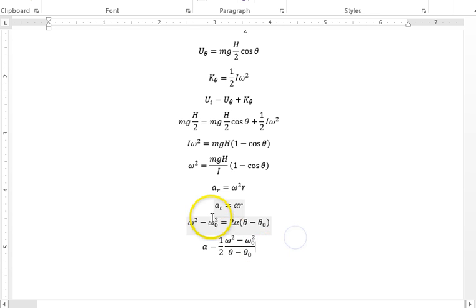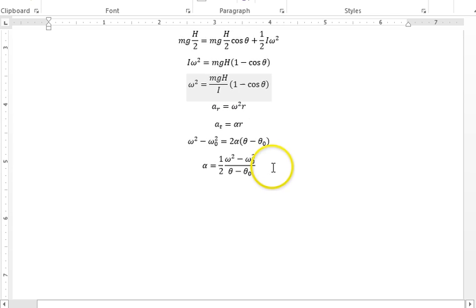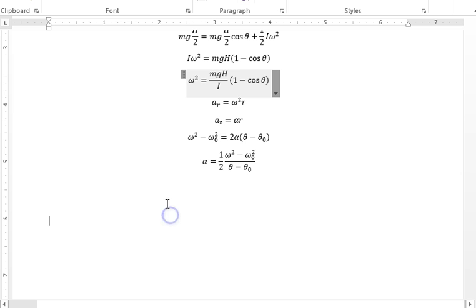So that's alpha. It depends on omega squared and theta. So the tangential acceleration depends on omega squared, and the radial acceleration depends on omega squared. Here we have omega squared equals mgh over I, times 1 minus cosine theta. We don't know m, and we don't know I yet. We know g, we know h. We know theta at the point that we're interested in. So what is I?